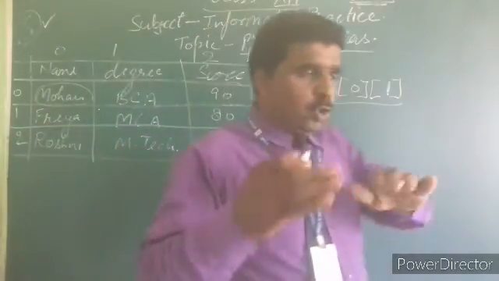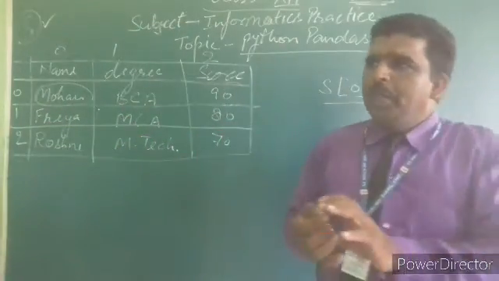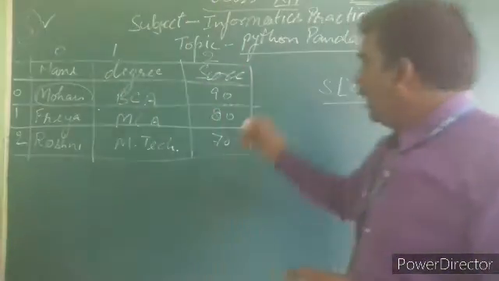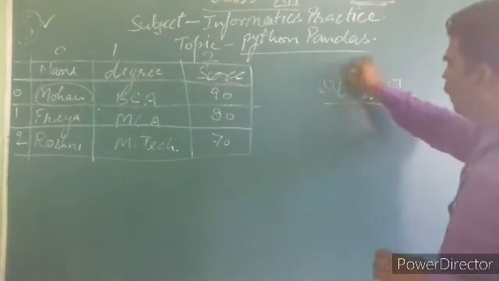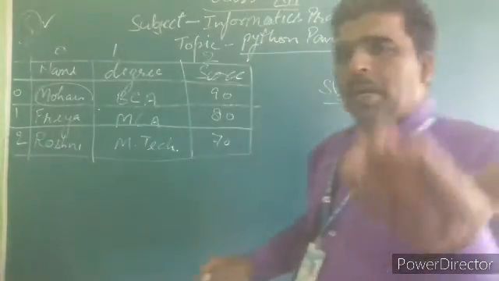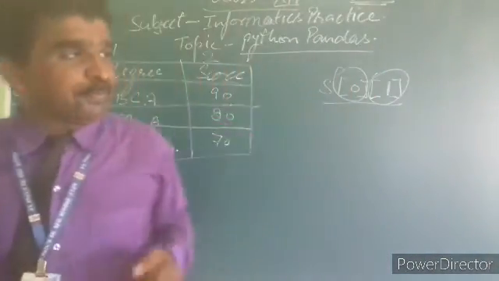So indirectly you have to tell the row number and the column number. That's why the first value denotes the row number, and the second value denotes the column number.